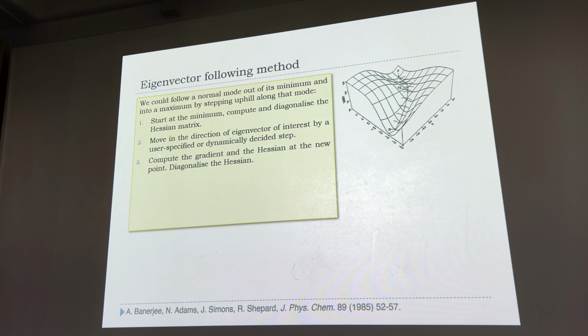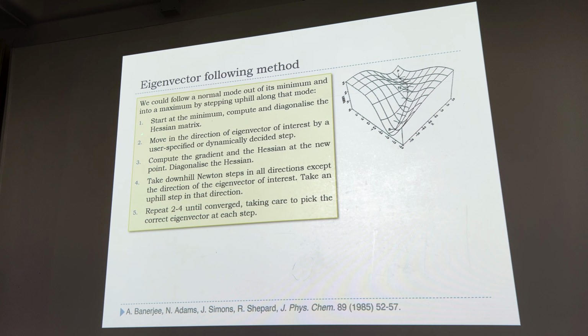We recalculate the gradient and the Hessian, we rediagonalize the Hessian, and we also take care to minimize every other coordinate into a minimum. So we take downhill steps with respect to every other coordinate except for the coordinate of interest. That keeps the rest of the molecule happy, and there's only one evolving process that might lead to something falling off.